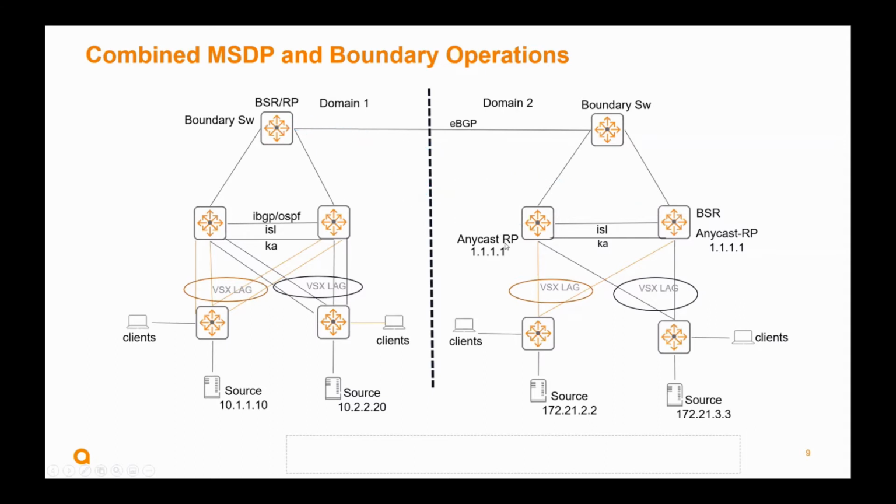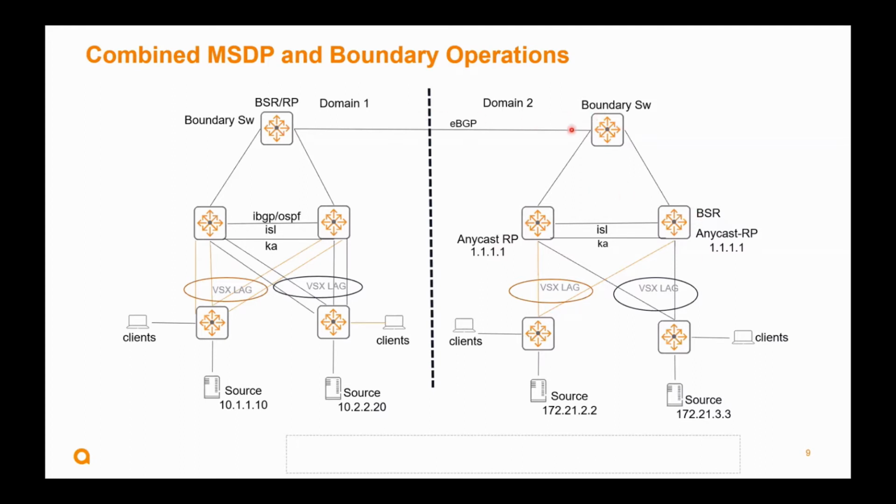But let's say I'm running my multicast boundary, and on this border edge routing switch, I enable the filter BSR boundary command, which basically prevents domain 1 from knowing about my rendezvous points.